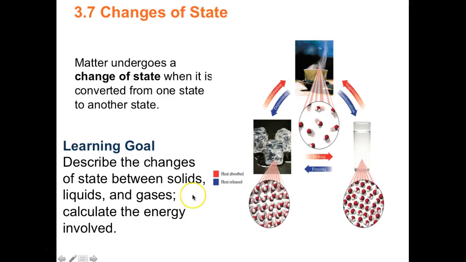So the last part of this chapter is changes of state. So in change of state, you're going from a solid to liquid and to vapor or gas. And if you're going from the solid to liquid, then it's melting.